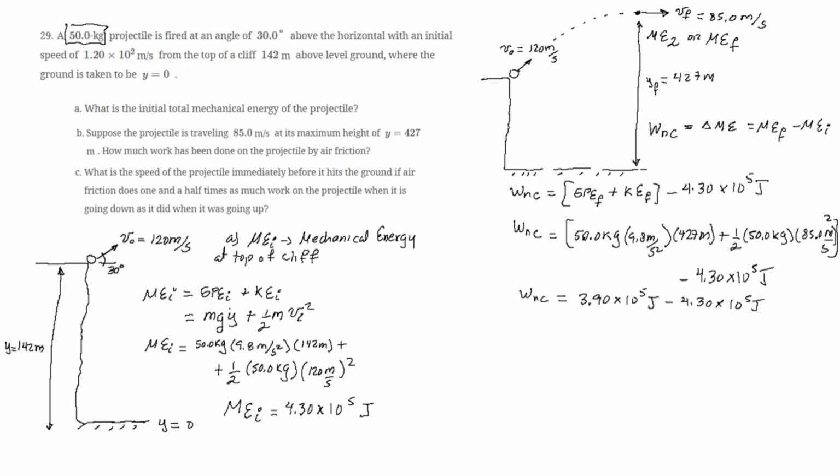So this would be minus 0.40 times 10 to the 5th joules, or minus 4.0 times 10 to the 4.